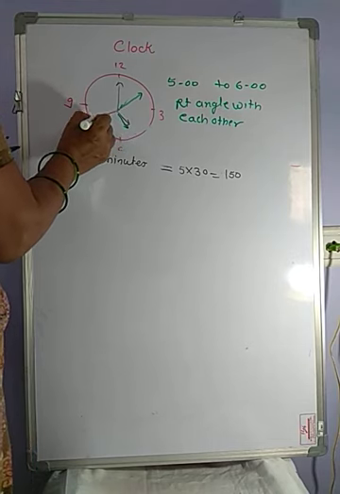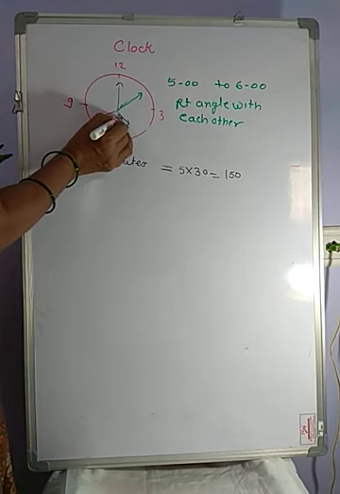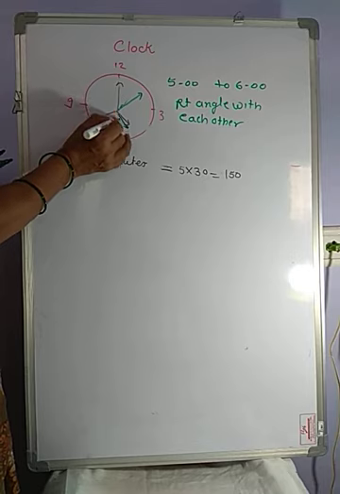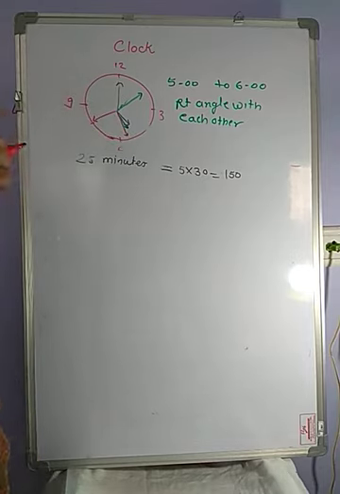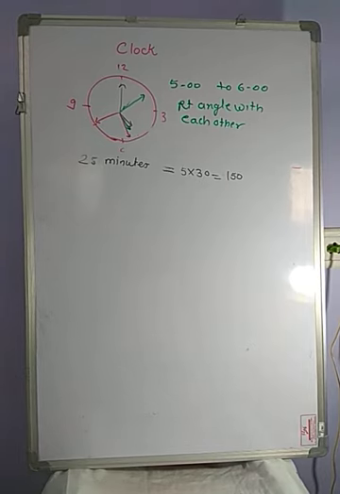Next case is the minute hand is at 8, and our hand is ahead of 5. And now again, whatever distance is covered by our hand, we have to find in terms of the minute hand. Did you get it?